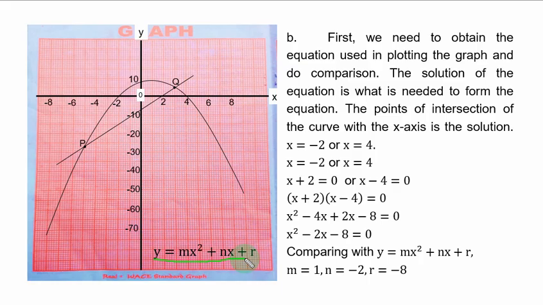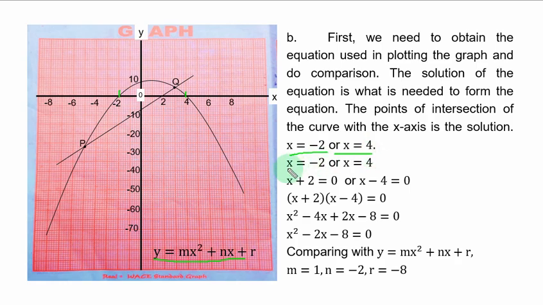Because the given equation is quadratic, we are interested in the curve. The points of intersection of the curve with the x-axis are the solution. So one point is here. Here you have -2 and you have 4. So this is the solution. So s equal to -2 or s equal to 4.